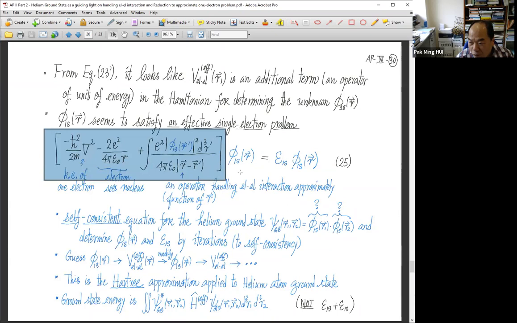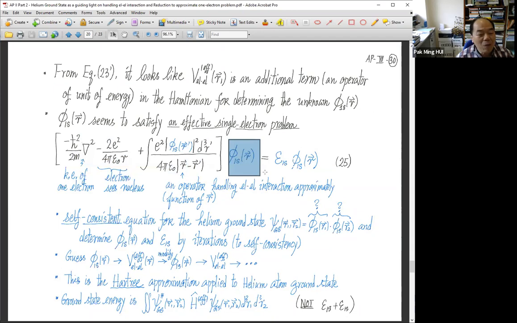You write a software so that it will give you as an output a new phi 1s and some energy, of course. You compare the output with what you put in as the input.